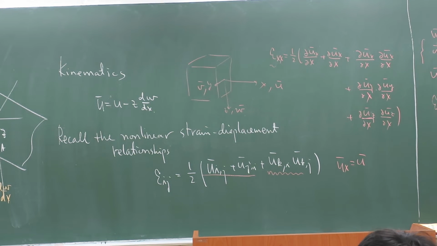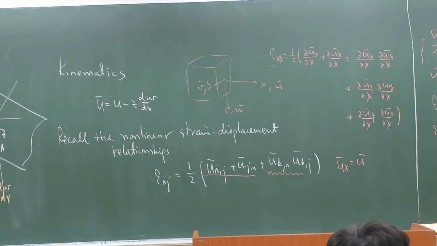Okay, and half partial u bar partial x squared plus half partial v bar partial x squared, right? And epsilon y equal to partial v bar partial y plus half partial w bar partial y squared plus half partial u bar partial y squared plus half partial v bar partial x squared.